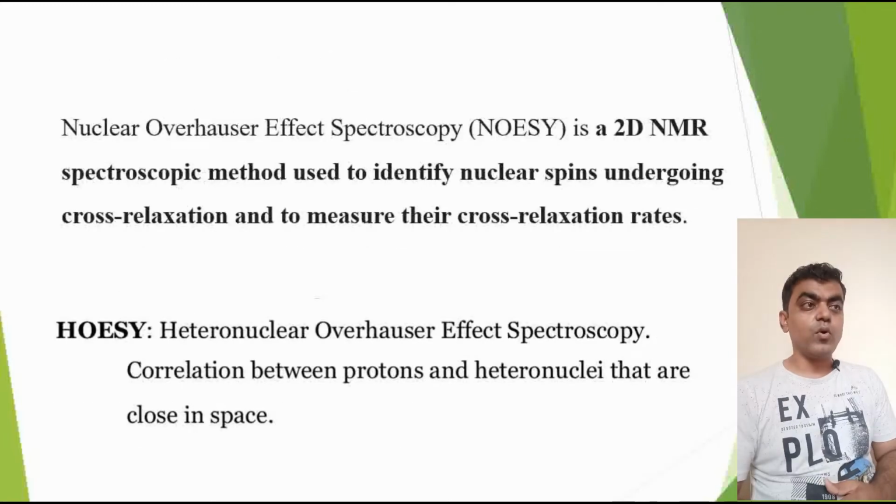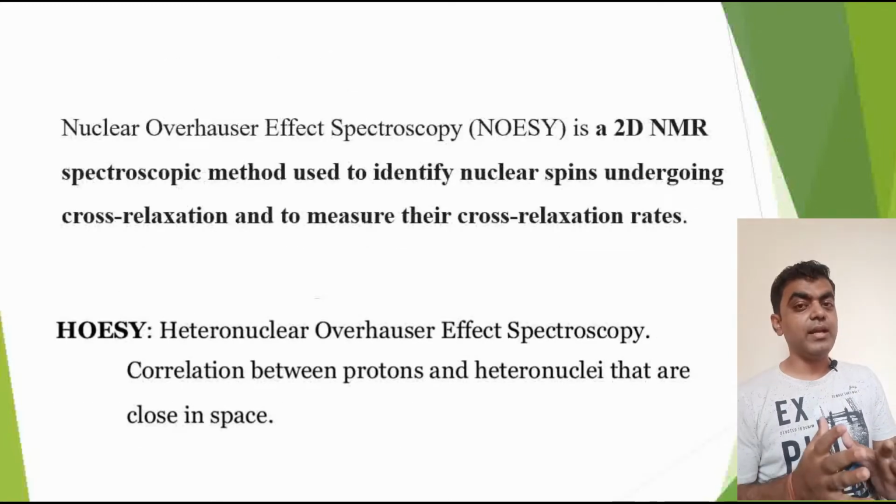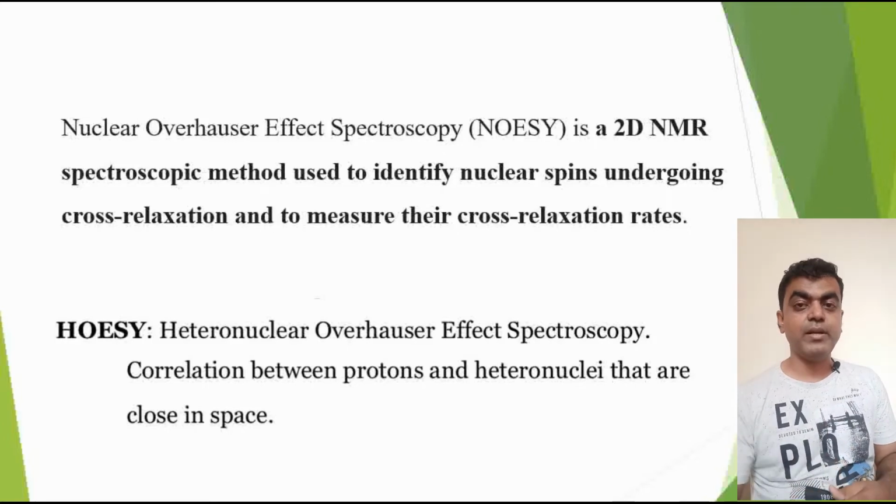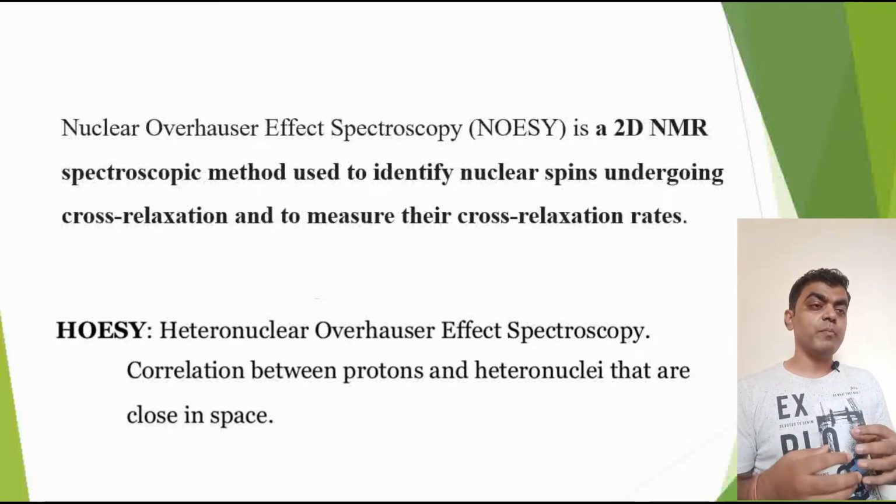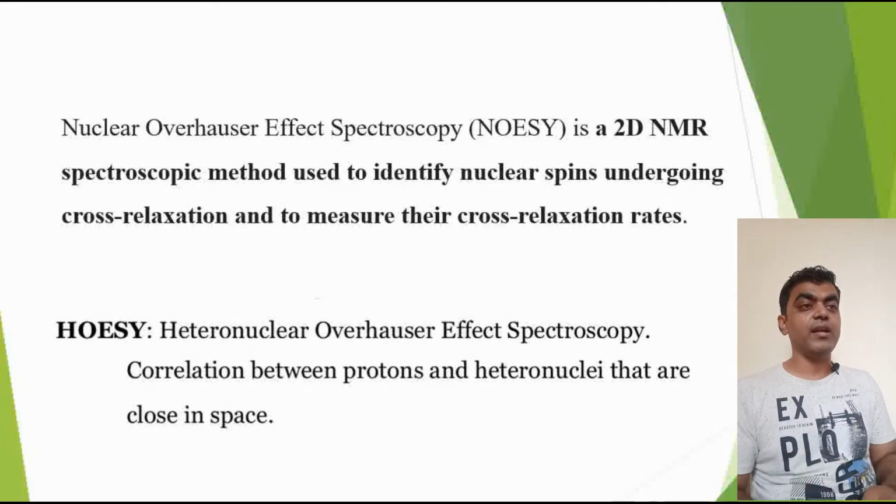And yes, Overhauser effect. So again, it is a very important experiment in 2D NMR, where the spectroscopy method is used to define or identify nuclear spins undergoing cross correlation, measuring the rate of cross correlations.